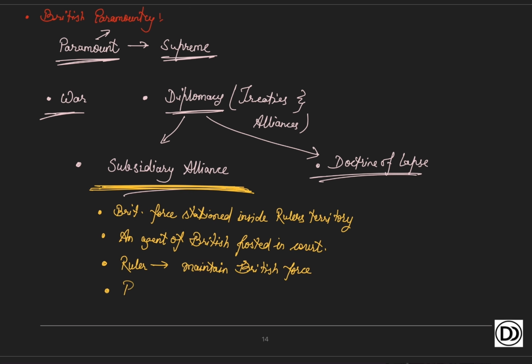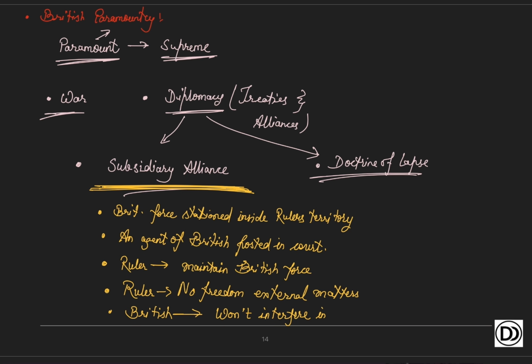The ruler has no freedom in external affairs, external matters, and also the British won't interfere in internal matters.